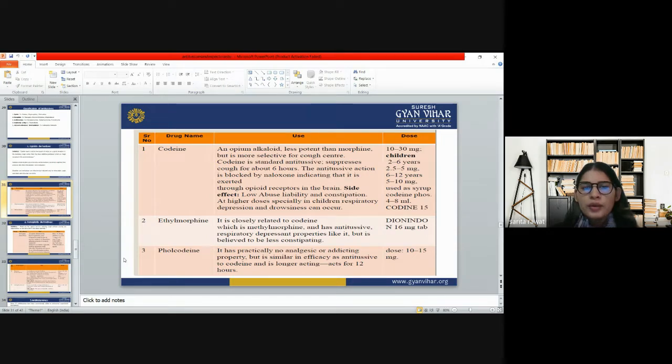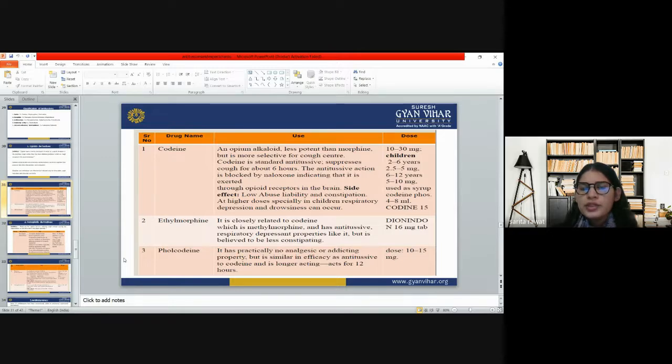Codeine is an opium alkaloid, less potent than morphine, but more selective for the cough center. Codeine is a standard antitussive and suppresses cough for about 6 hours, and the antitussive action is blocked by naloxone, indicating that it is exerted through opioid receptors in the brain. The side effects include low abuse liability and constipation.